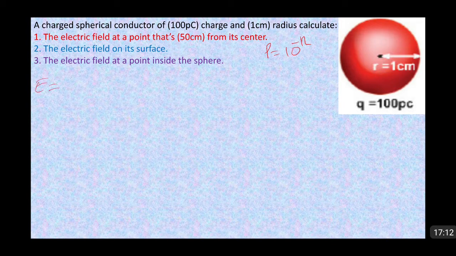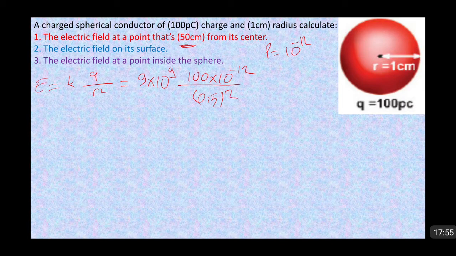E equals K multiplied by Q over R squared, equals K, it is given 9 multiplied by 10 power 9, multiplied by Q, 100 picocoulomb, pico is 10 power negative 12, so 100 multiplied by 10 power negative 12, over R equals 0.5 meter, 50 centimeters, so 0.5 meter squared, equals 3.6 Newton over Coulomb.